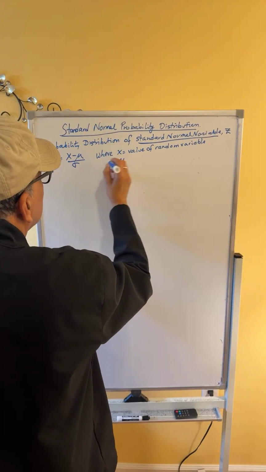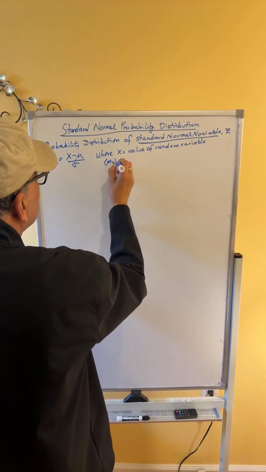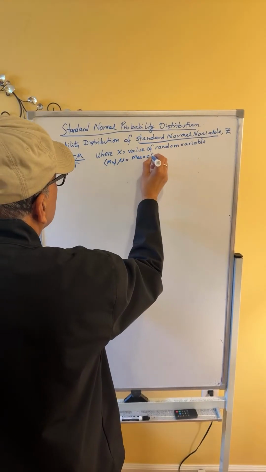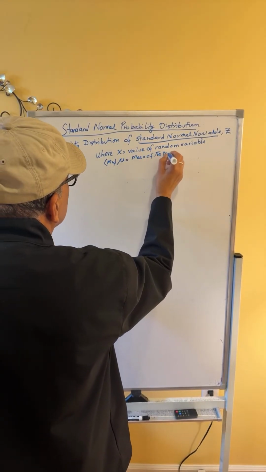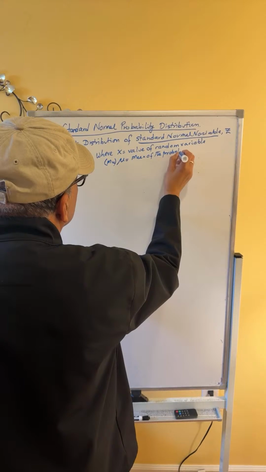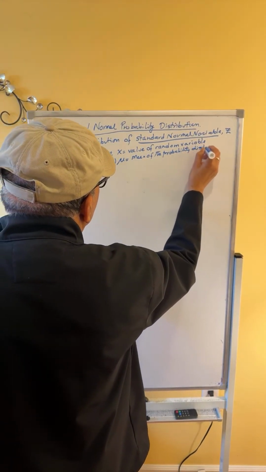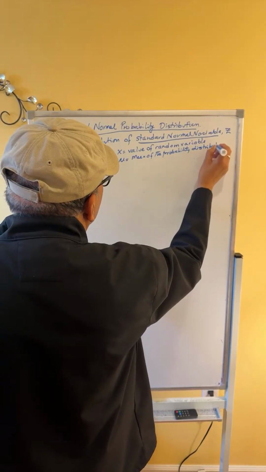Mu is the mean of the probability distribution of the same random variable.